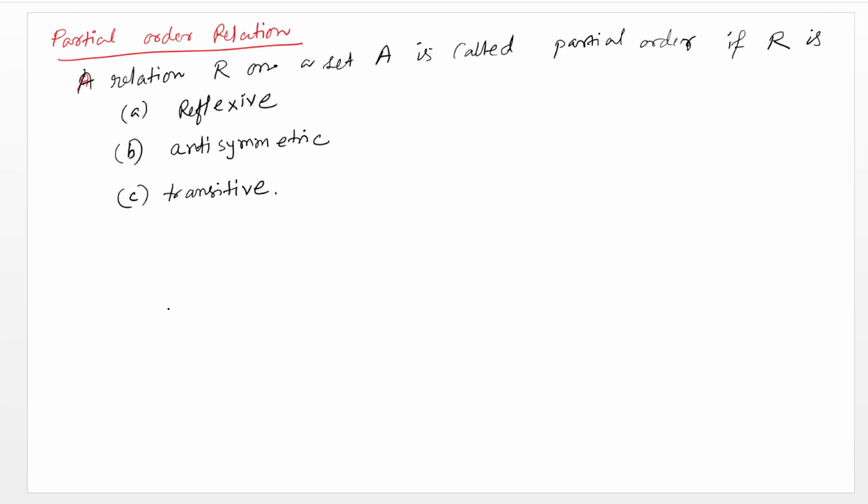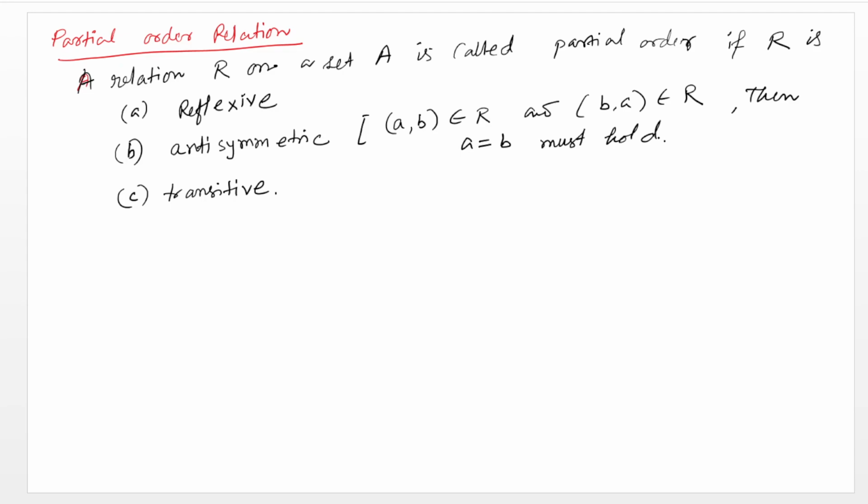Now, antisymmetric means basically if ordered pair (A, B) belongs to the relation R and ordered pair (B, A) belongs to the relation R, then A equal to B must hold. This is basically the antisymmetric property.